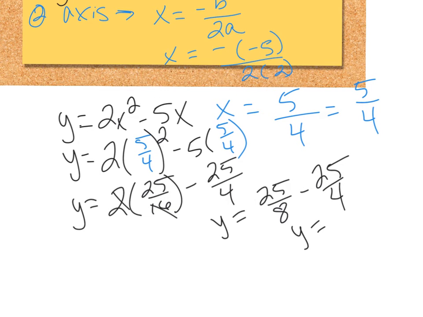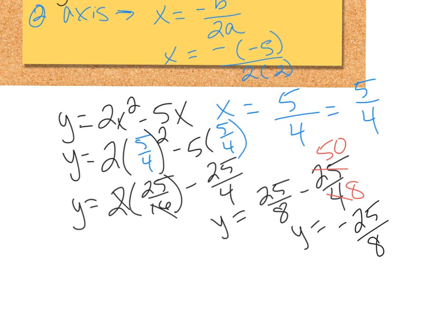All right, so I have to get common denominators, which you learned way back in the day. So times 2 is 8, so times 2 is 50. So, quite conveniently, my y is going to be negative 25/8. Awesome.